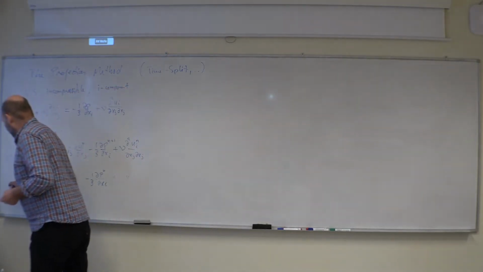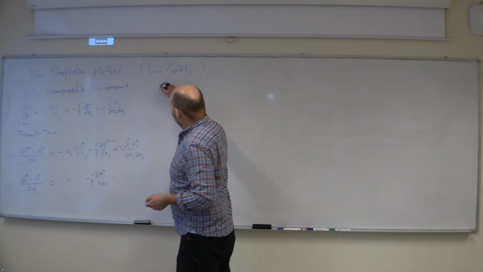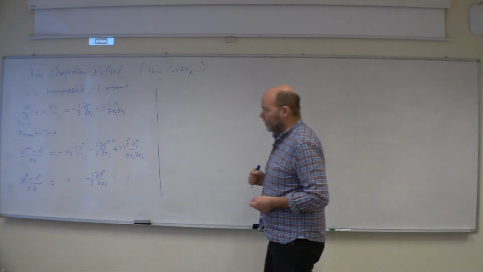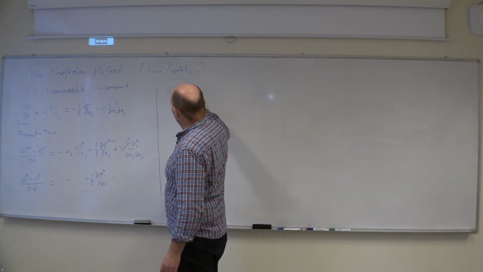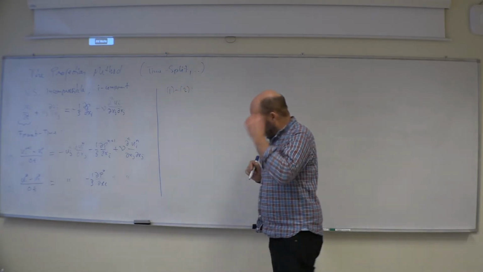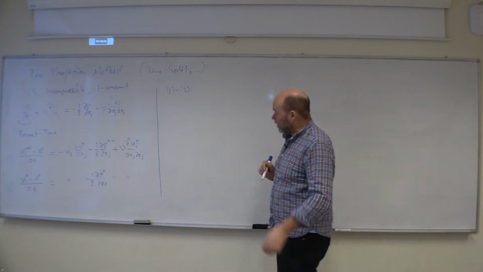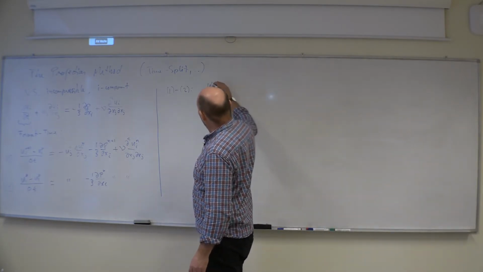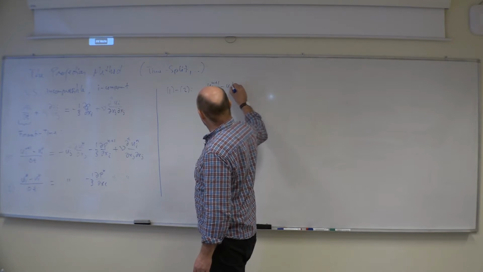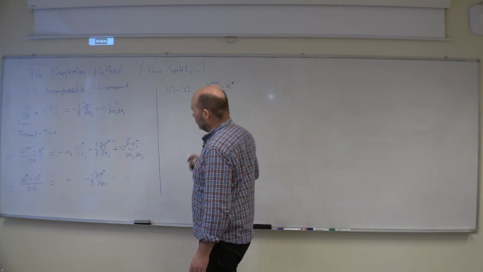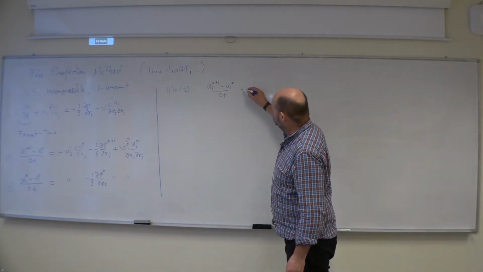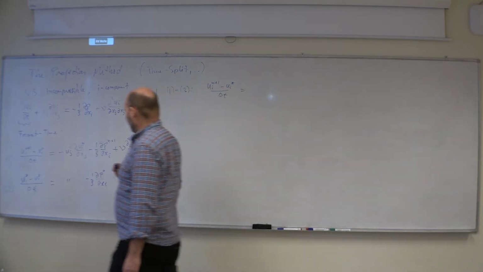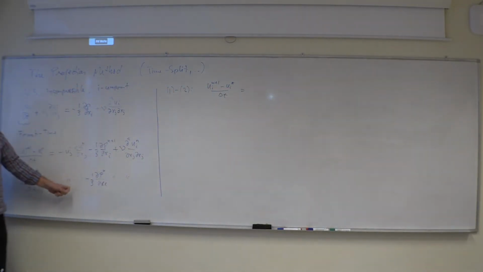Equation 1, equation 2. Then subtract these two equations. Take equation 1 minus equation 2. What do you get? Well, the time derivative will now read something like ui n plus 1 minus ui star divided by delta t. The ui n will fall out. What about the other side? Well, the convective terms are identical, the viscous terms are identical, so they disappear.